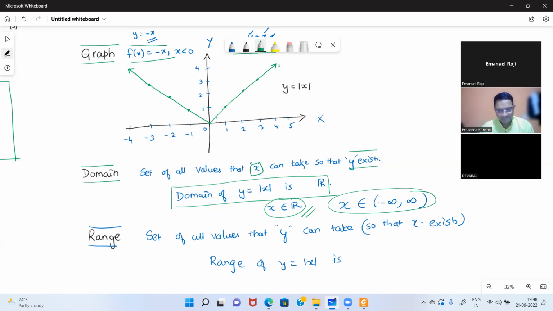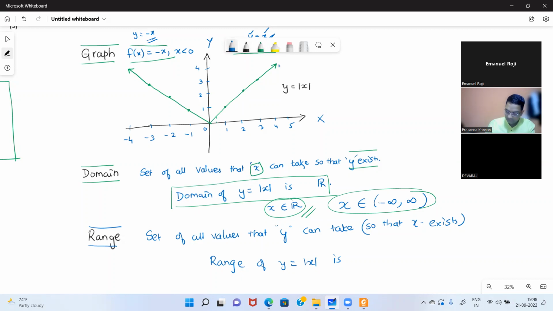Mod of root 2 is root 2. Mod of minus root 2 is root 2. So it takes rational, irrational, all real numbers as long as they are greater than or equal to 0. Less than 0, it does not take, correct? Exactly. So range is R plus, you can say.